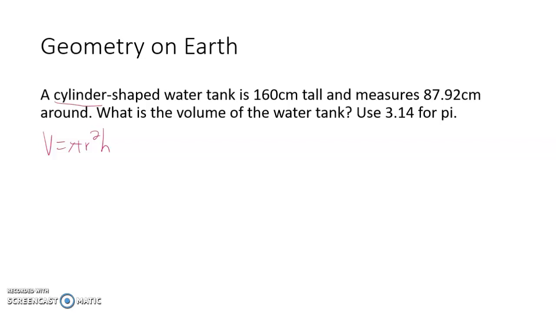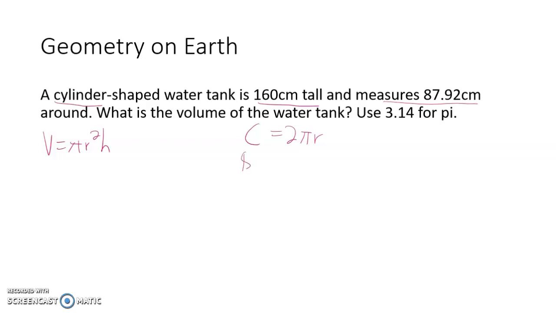Notice that we've got our height already, but it says that it measures 87.92 centimeters around. So that's our circumference. Remember that circumference is 2 pi times r. So we can actually find what our radius is, because we're going to need it for our volume.